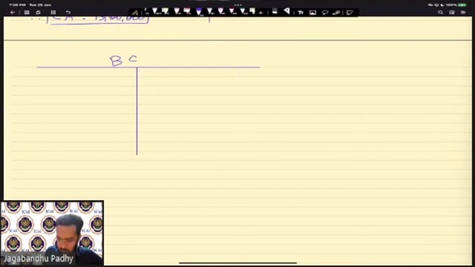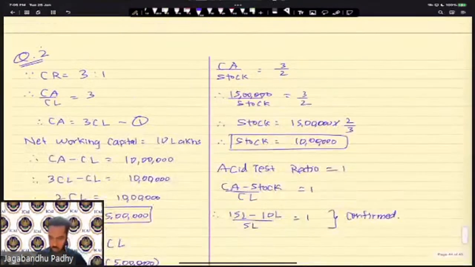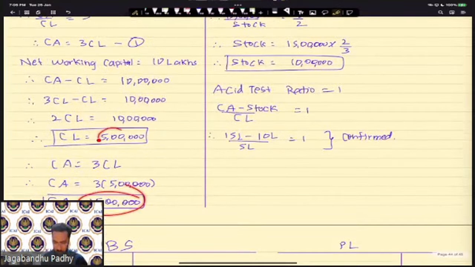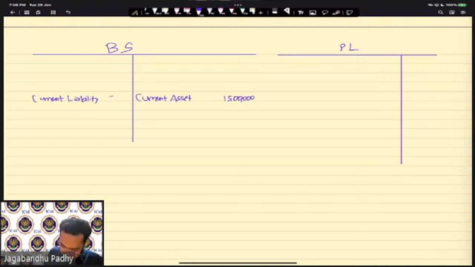So we'll have a draft balance sheet and a draft P&L. I am preparing the P&L in this vertical format because it talks of variable cost and all such stuff. Now over here we have a current asset of 15 lakh and a current liability of 5 lakh.